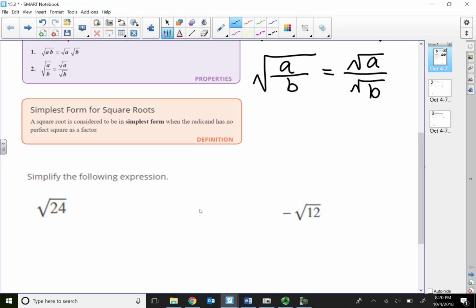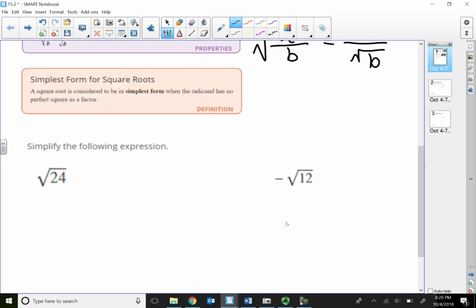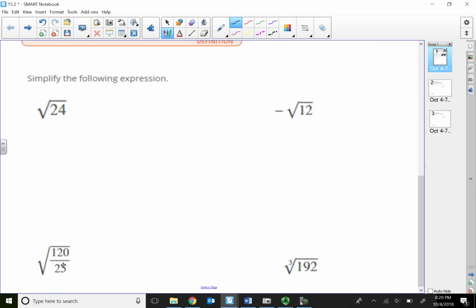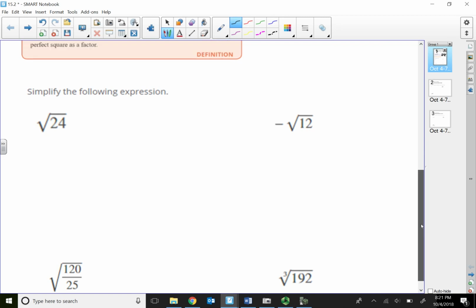There are a couple of ways we can do this. I like to show students a universal way that can deal with all types of radicals, doesn't matter if it's square roots or cube roots. There are two techniques.